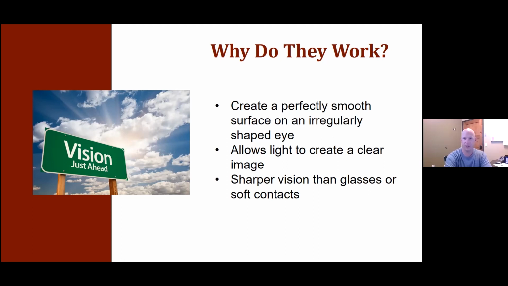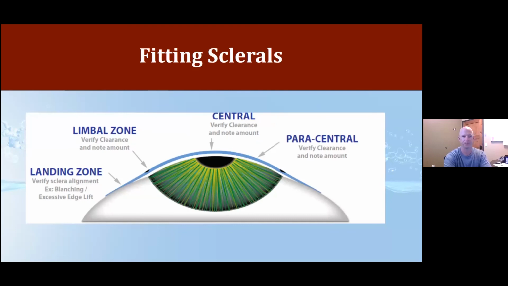It's like we're temporarily putting an artificially perfect cornea over the one that's warped. And so it allows light to pass through that lens and create a clear image. Oftentimes, I will see patients who are 20/80, 20/100, even 20/150 out of glasses, and we can get them to see 20/20 out of a scleral lens because of this.